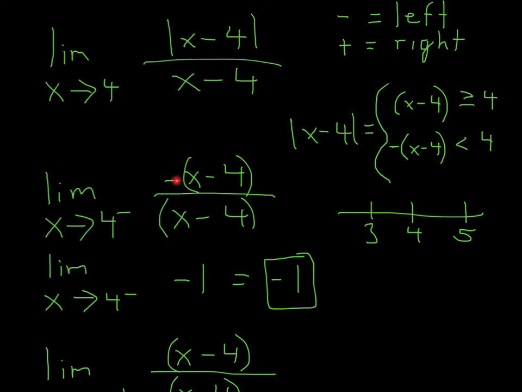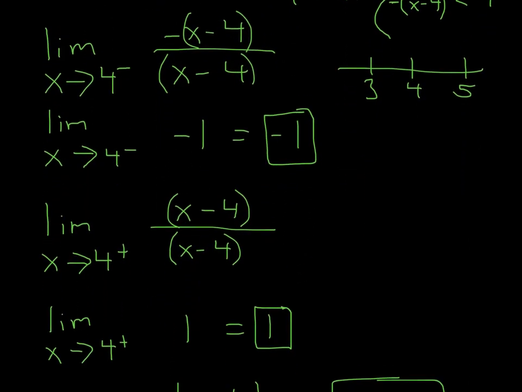And don't forget about this one, I would remain with a negative 1. Now, if you take the limit of just a number, it doesn't have any x's, it's just that number. So the limit as x approaches 4 from the left of negative 1 is just negative 1.